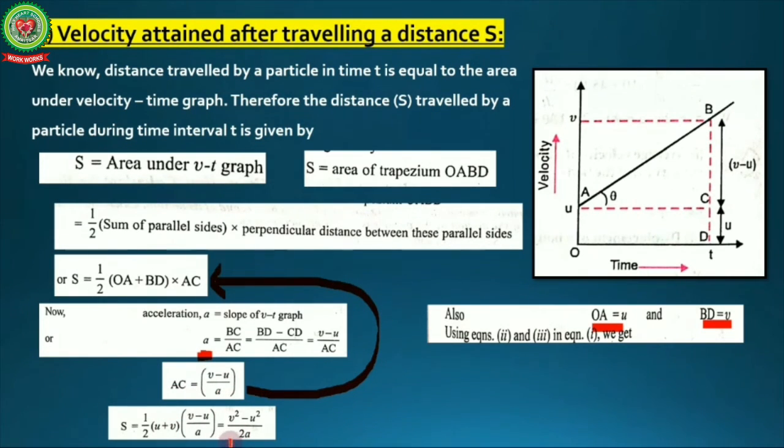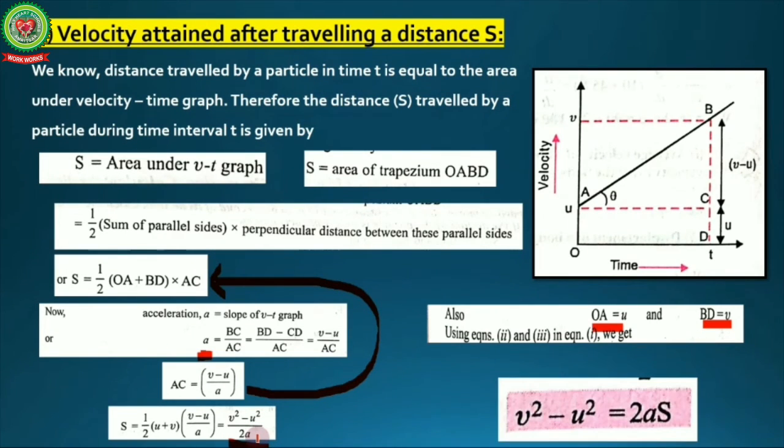After solving it out, we got (v square minus u square) divided by 2a. After cross multiplying it, on the left hand side we got v square minus u square is equal to 2as, which is the third equation of motion.